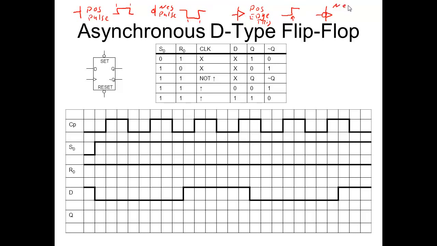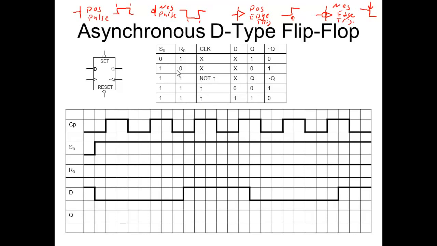The bubble means negative edge triggered. The negative edge trigger is the negative going or downward going clock edge. So it's only on the edges. When you look at my truth table, you'll see that I've got a positive edge here. I put these little arrows up, meaning it's the positive going clock.